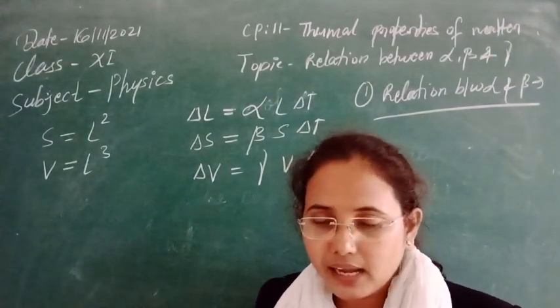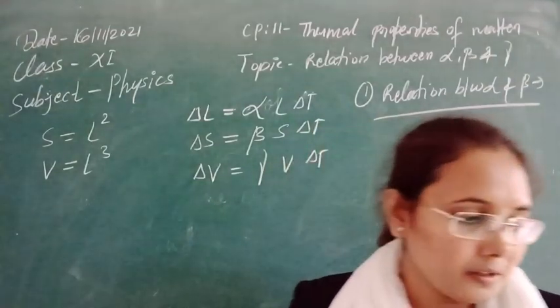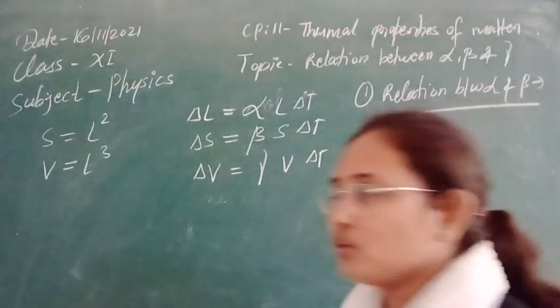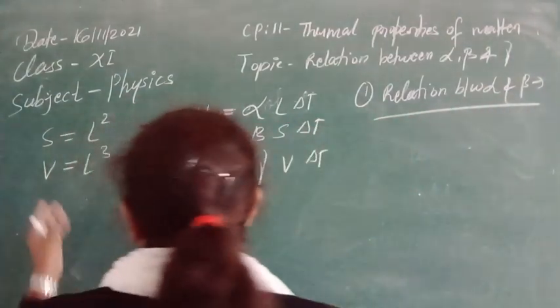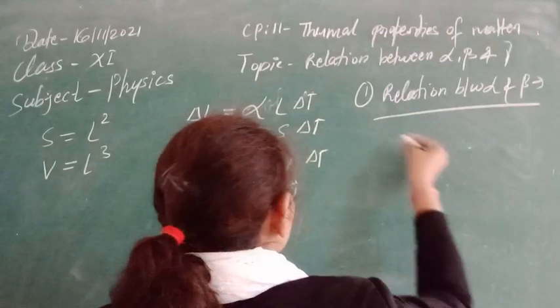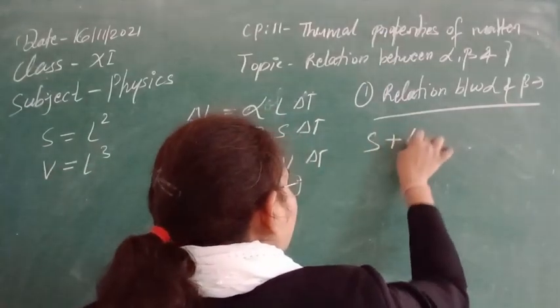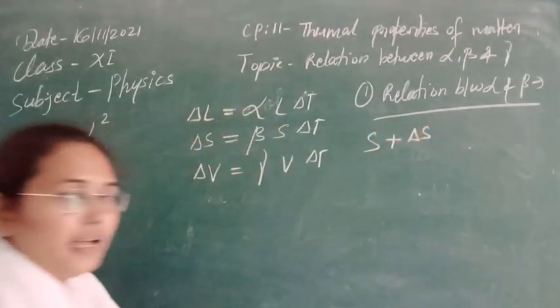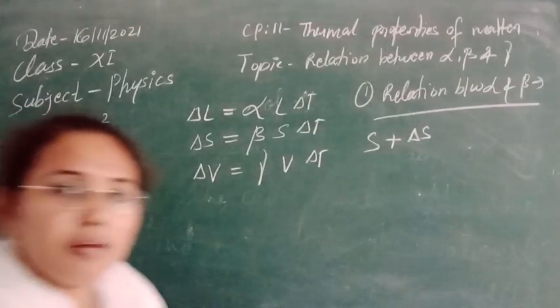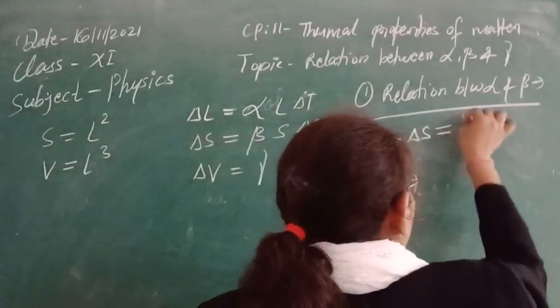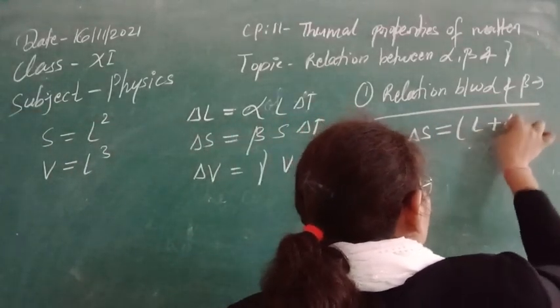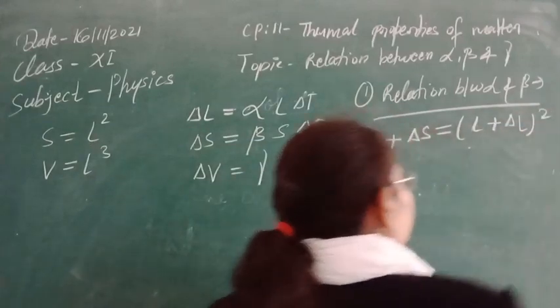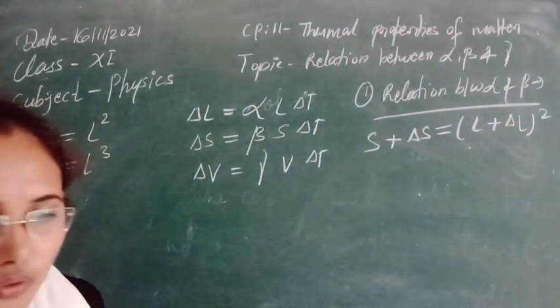As alpha is the thermal coefficient for linear expansion, and beta is the coefficient for area expansion, here surface area and length we will relate with each other. The old surface area S is equal to L square. The new surface area will be S plus delta S, and as the new length will become L plus delta L, it will be length square. So we can write S plus delta S is L plus delta L whole square.